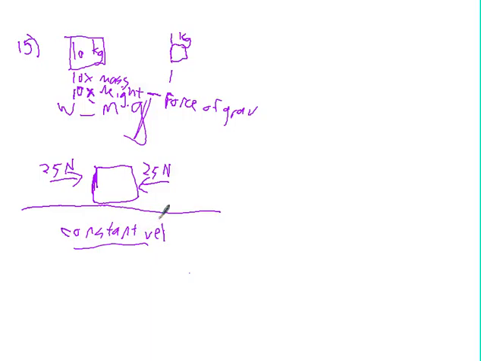No. So if velocity is constant, acceleration is nothing. So if acceleration is nothing, what must be true about the amount of force? The net force is zero. Yep. Net force is nothing. Okay, just go to 17.